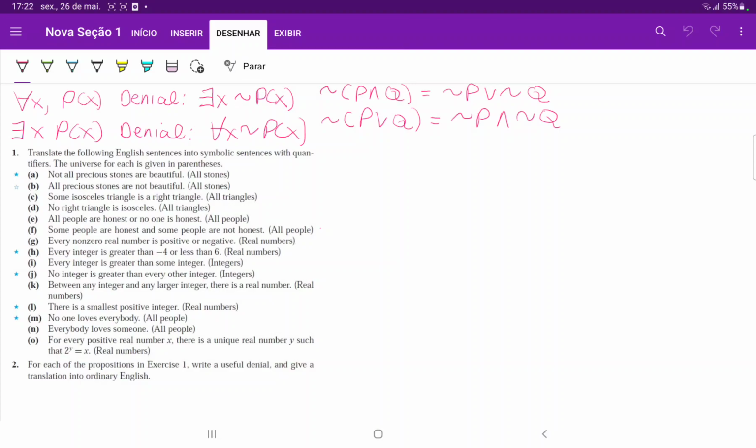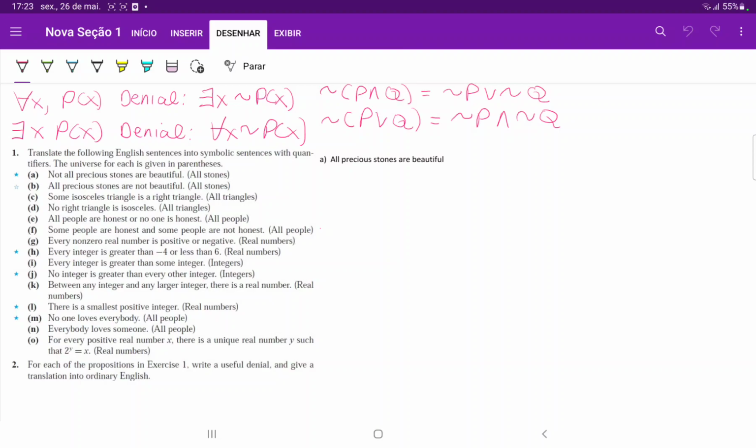All right, so we're saying for A, all precious stones are beautiful, right? Because previously we had an existential statement.